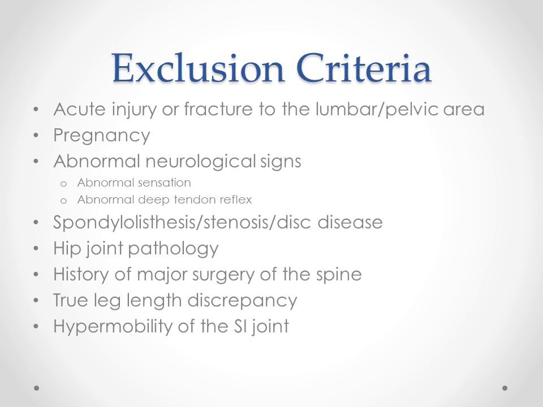I will be admitting subjects who have apparent leg length discrepancy. And then again, hypermobility of the SI joint. We're going to want to rule them out since we're only focusing on hypomobility.